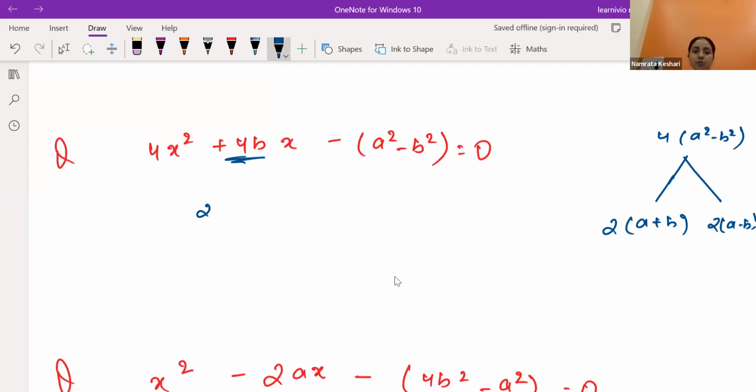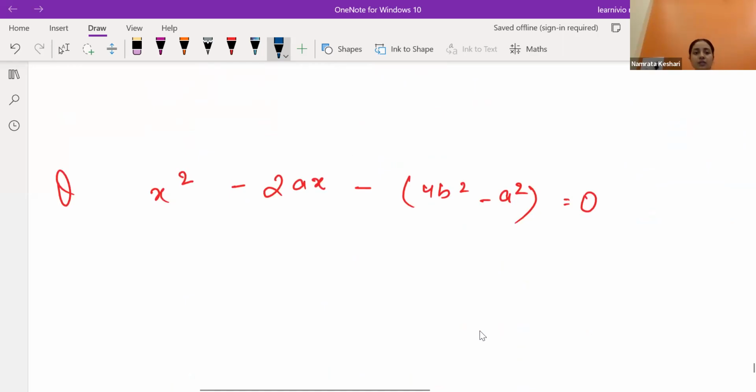Yeah. So let's write 2 in one bracket a plus b along with x, and 2 a minus b along with x. Now 4b we want to create. A we don't need, b we want to create, and that too positive. So can we take the subtraction between these two as negative? Yeah, we can take it as negative: 2a plus 2b. Yeah, it is working, right? Yes. Okay, let's do the next one.